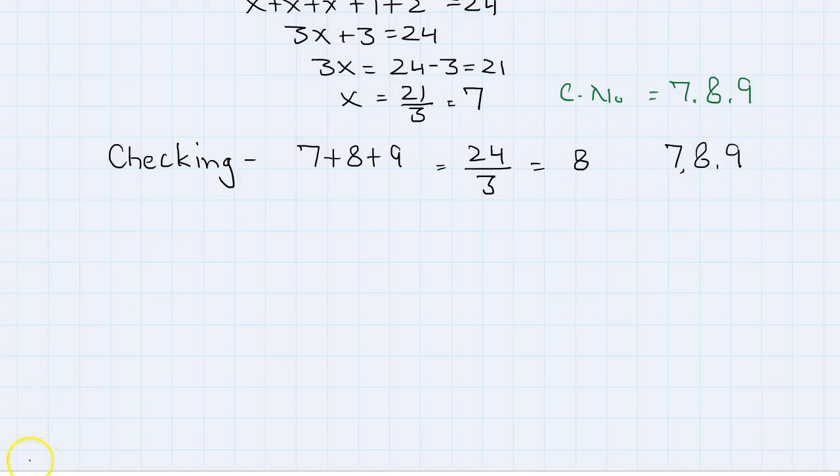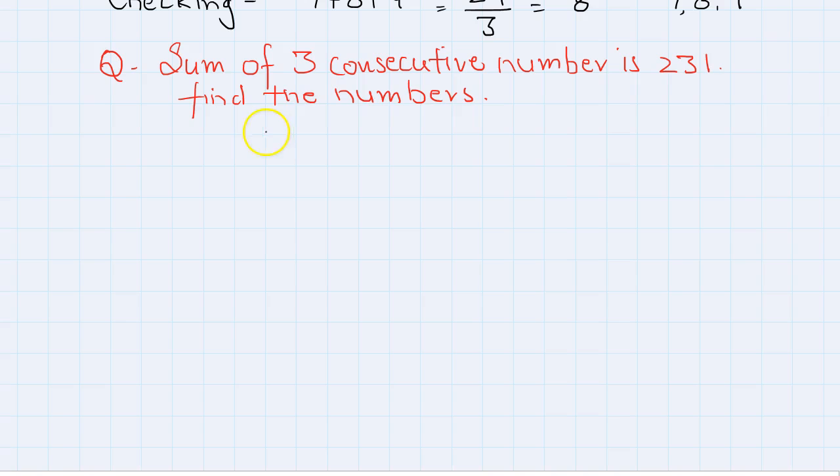Now let's take another example. First we solve by this checking method and then we'll solve it. Our question is: the sum of three consecutive numbers is 231. Find the numbers. Because these are three consecutive numbers, we can check this answer. 231 divided by 3, and you know this number is divisible by 3 because 2 plus 3 plus 1 is 6.